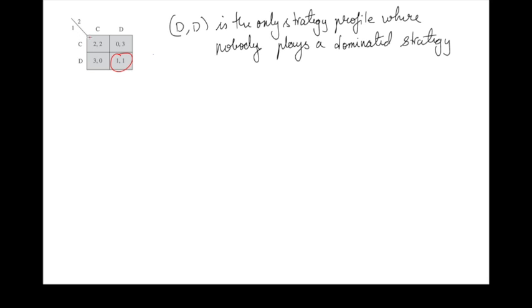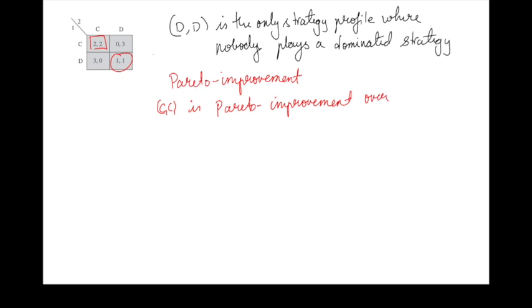They would both actually have been better off cooperating because they could have gotten a payoff of 2 each instead of getting 1 each. We use the idea of Pareto improvement. CC is a Pareto improvement over DD because both players are better off under CC than under DD. So this is an example where there's a tension between individual incentives and efficiency.